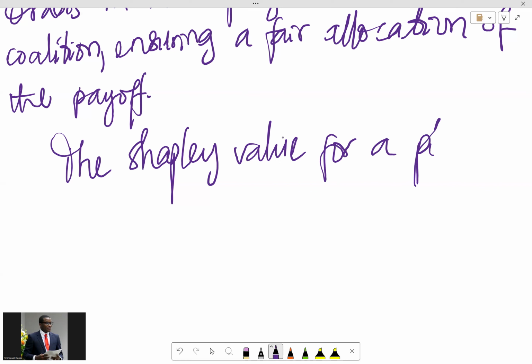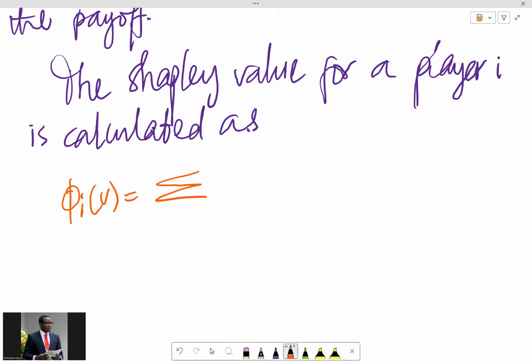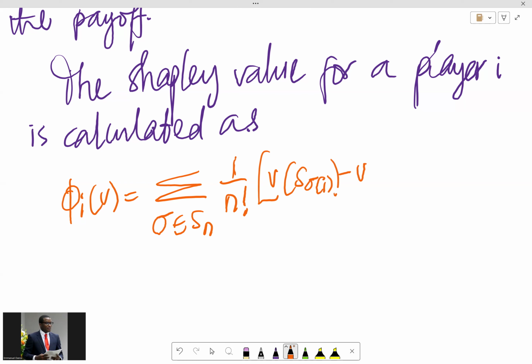So, the Shapley value for a player i is calculated as phi_i of v equals the summation over all sigma belonging to S_n of 1 over n factorial, multiplied by v of S_sigma,i minus v of S_sigma,i take away i.